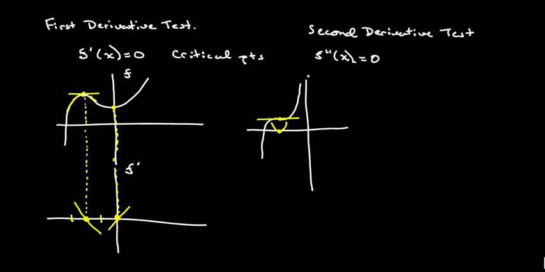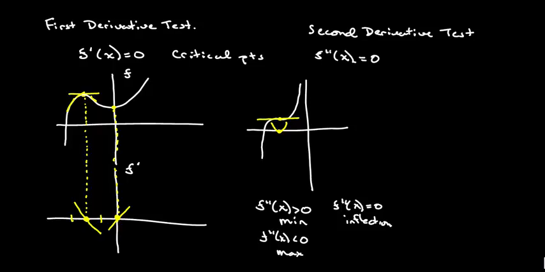Okay, so if f double prime is greater than 0, if it's positive, then you're at a min. If f double prime is negative, like here, then you're at a local max. If f double prime is 0, oops, I wrote that in there, then you're at an inflection point, possibly.